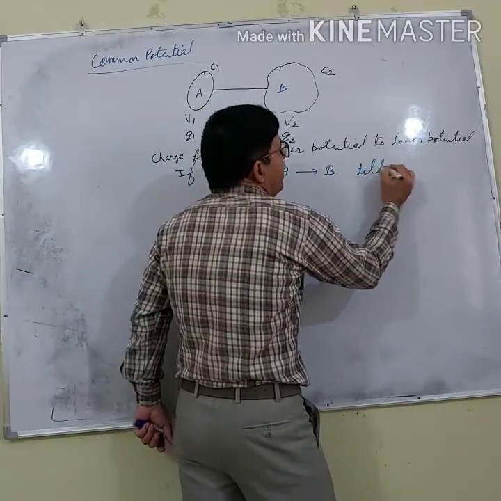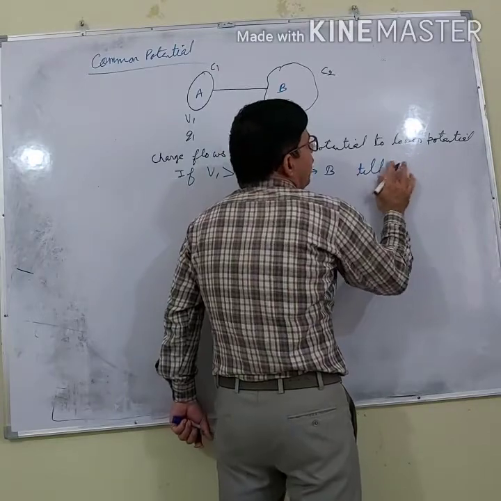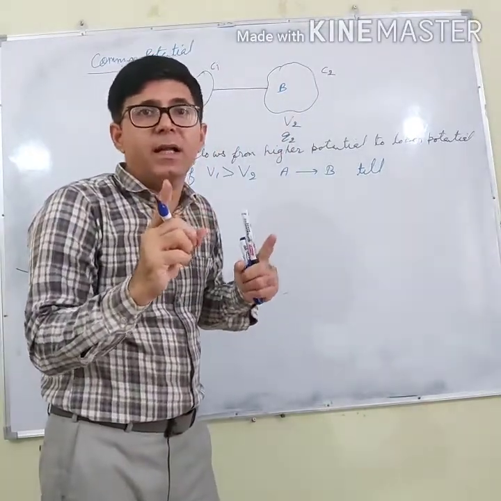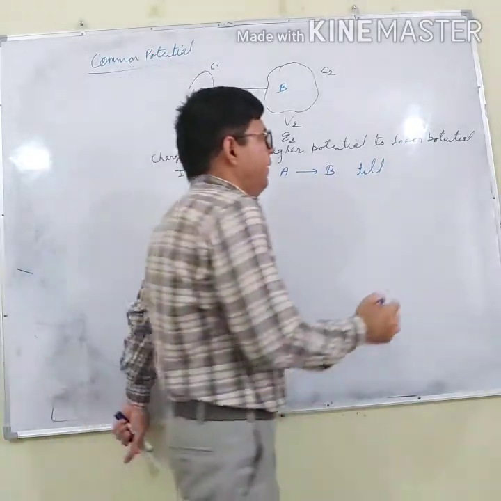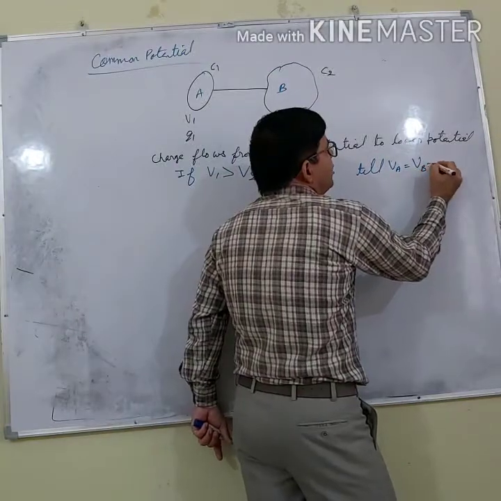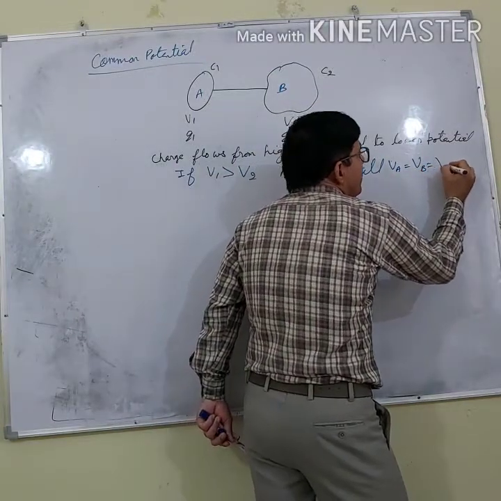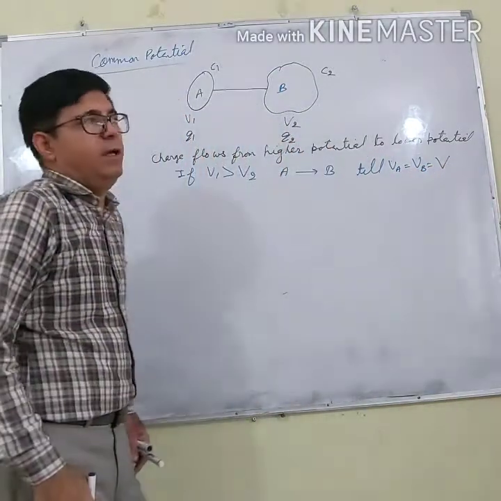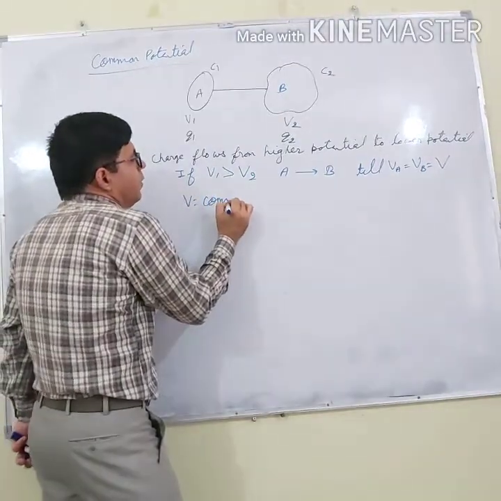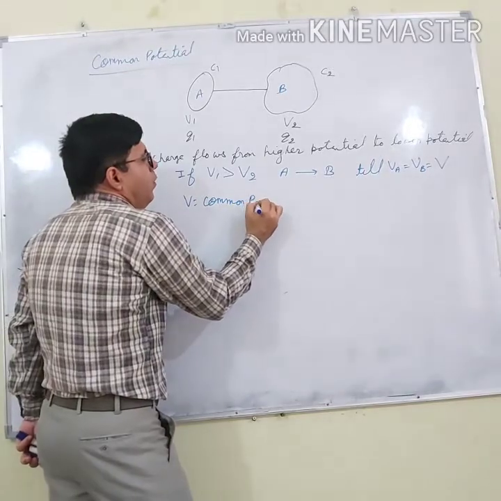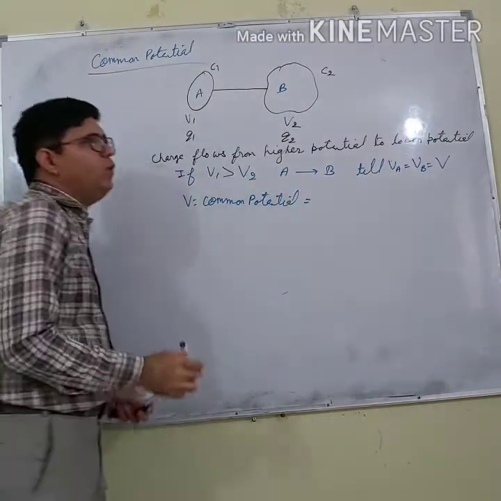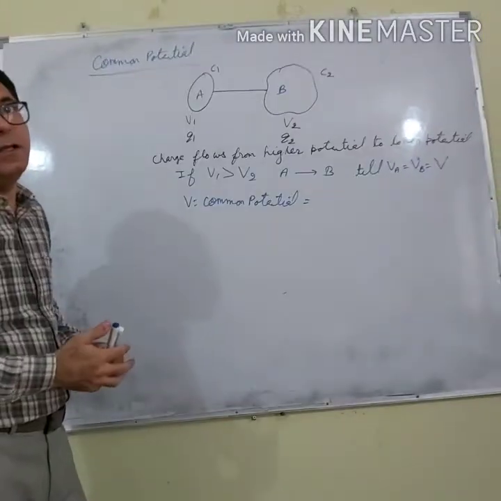Till potentials of both the conductors are equal. Till potential of A becomes equal to potential of B, which equals V. So what is V here? V here is the common potential. And what is the formula of the potential?